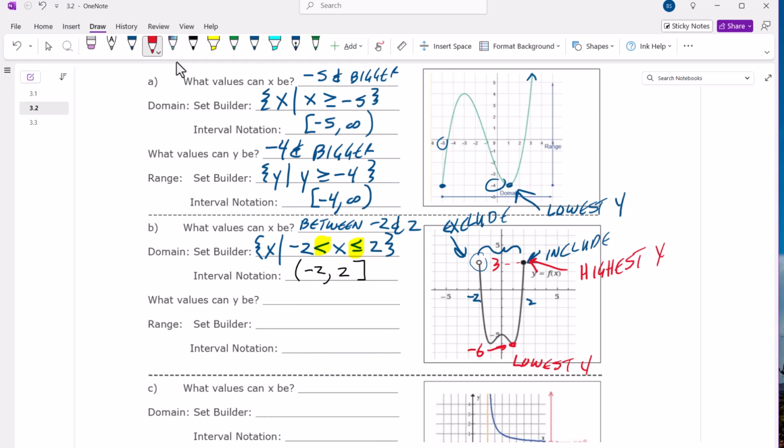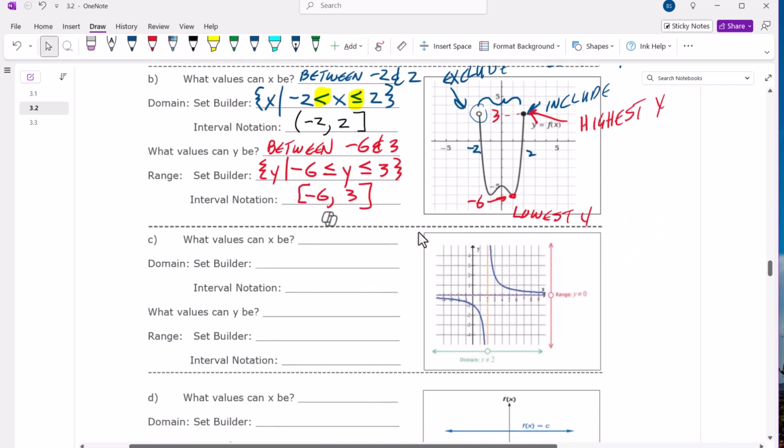So it looks like this is going to be between -6 and 3, including both of those. So if you wrote this, you would say set of y such that -6 is less than or equal to y. That's how you include, and then less than or equal to 3, so you would include like that. And including in interval notation just means you use brackets. Okay, so that's how that would go.